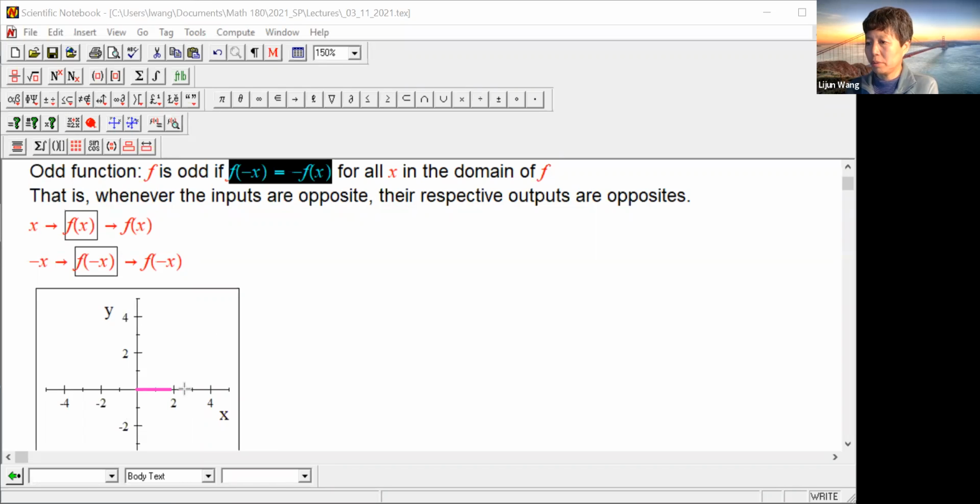When inputs are opposite, what happens to the outputs?